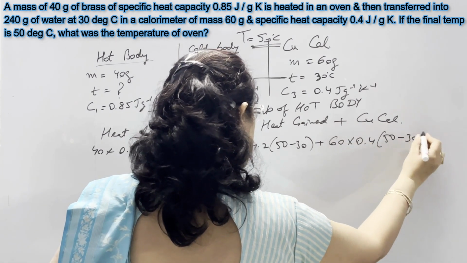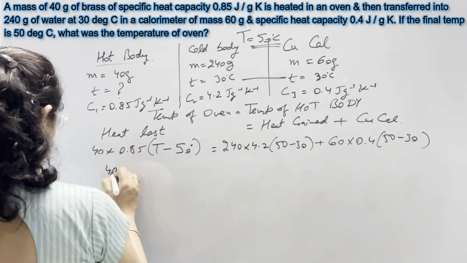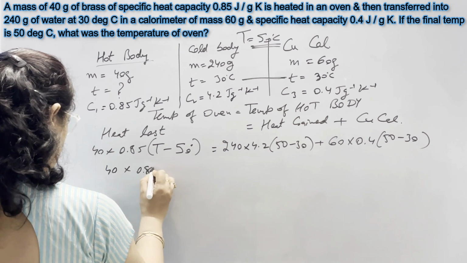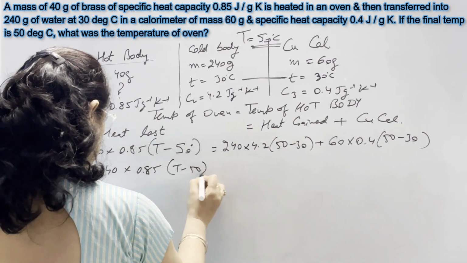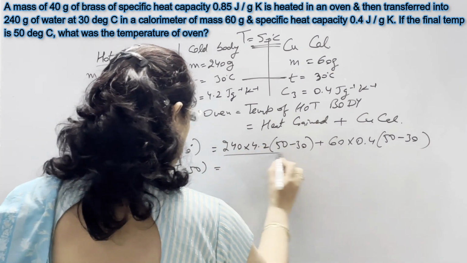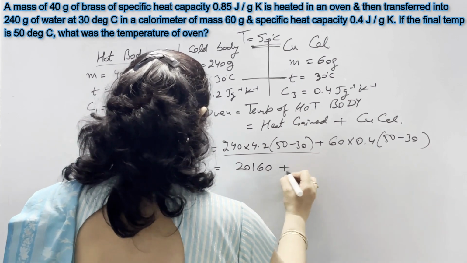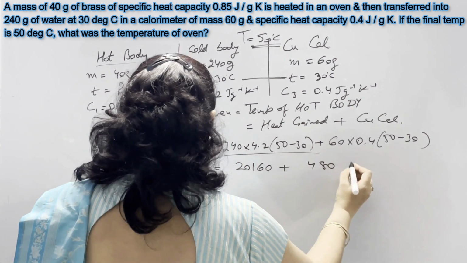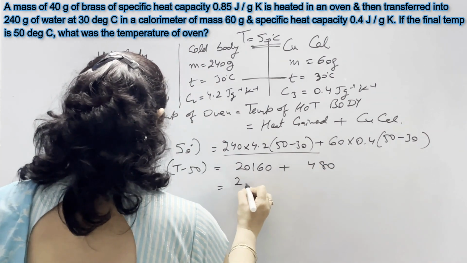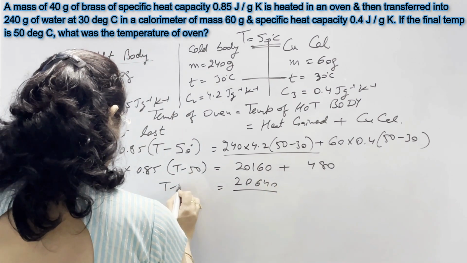So now for the calculation part, 40 into 0.85 into (T minus 50) on the LHS, and on the right hand side the calculation gives 20160 plus 480, which means 20640, divided by T minus 50.